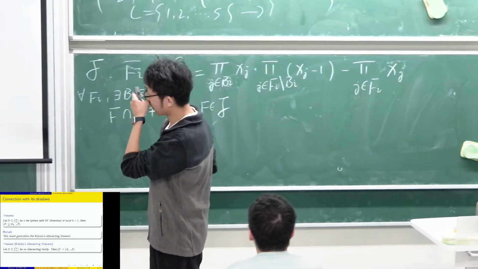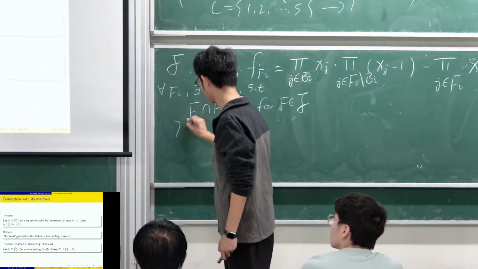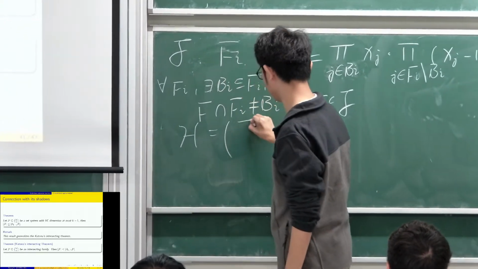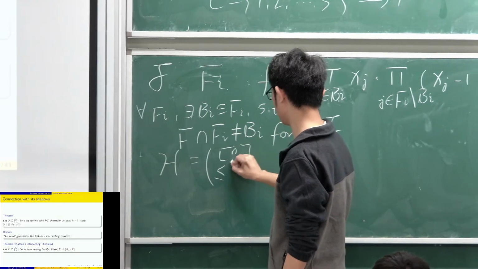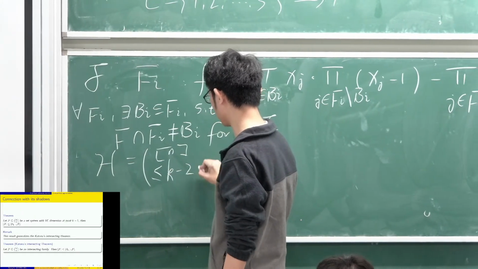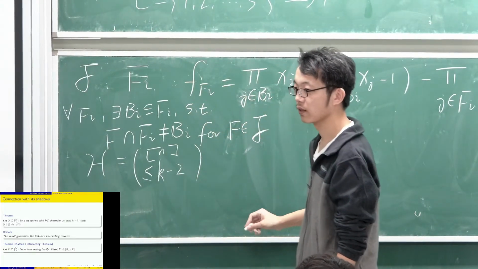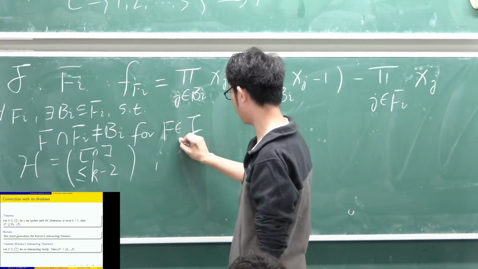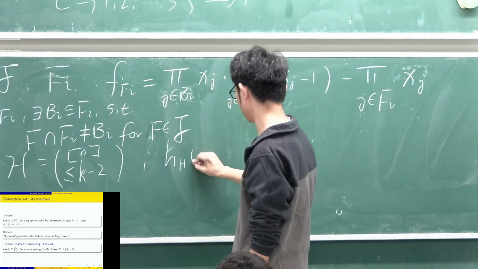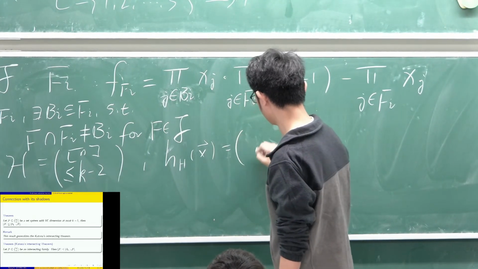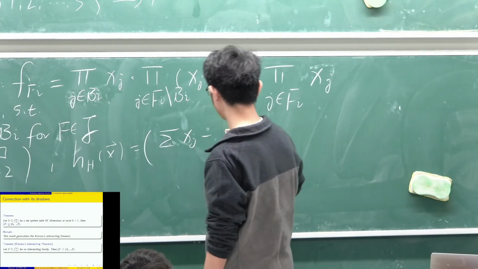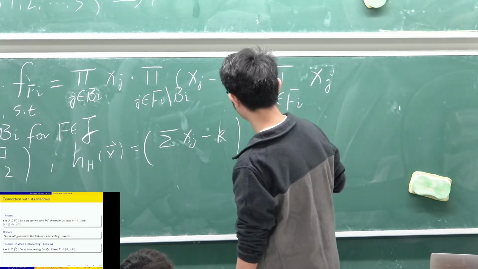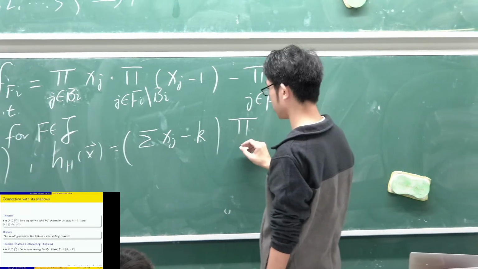And secondly, we can insert the sets of size at most k minus 2, using the polynomial times the indicator.